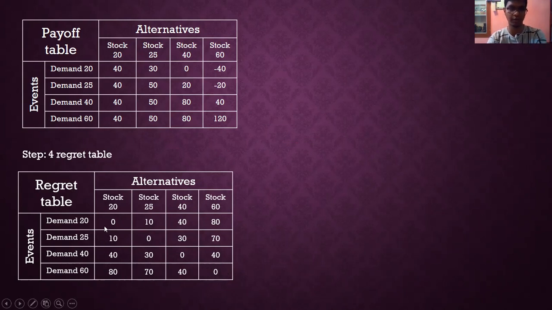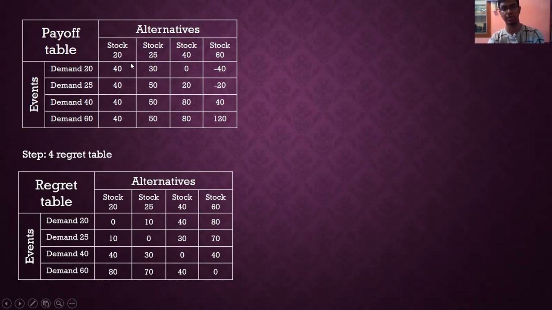So now we are done with the regret table, and we have filled the values of the regret table. So how to fill the values of the regret table? We have to take the help of the payoff table. By the help of the payoff table, we look into the first row and see whichever is the highest in that row.